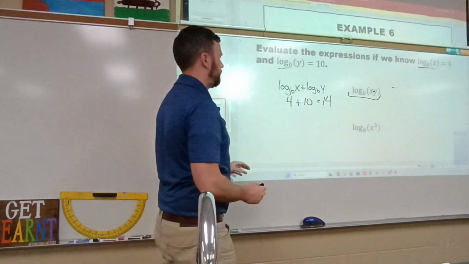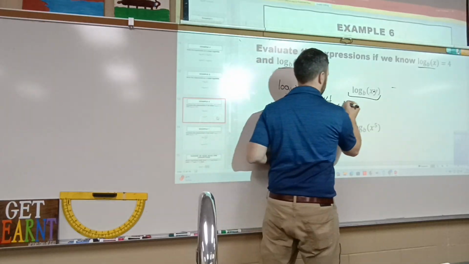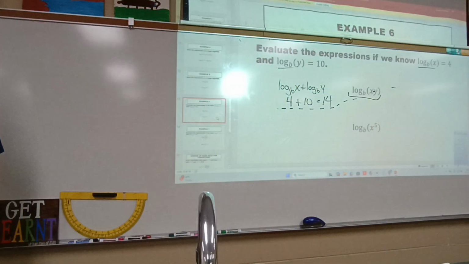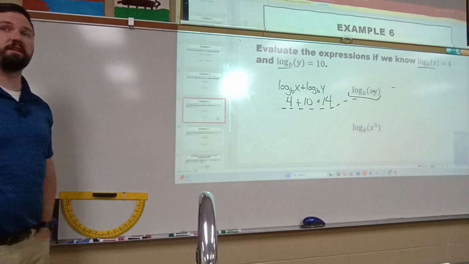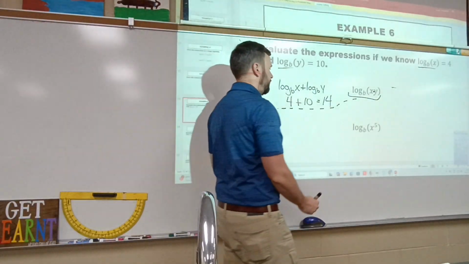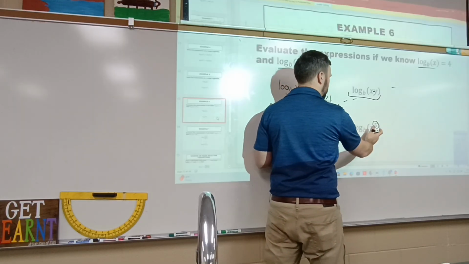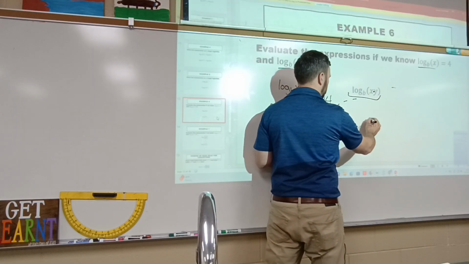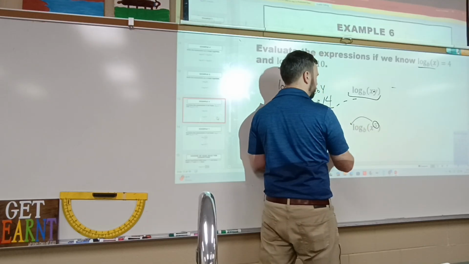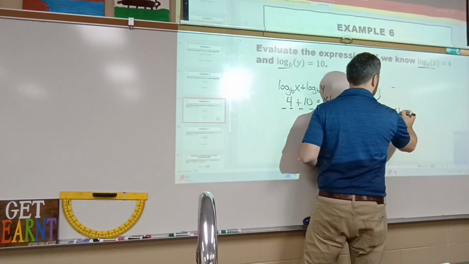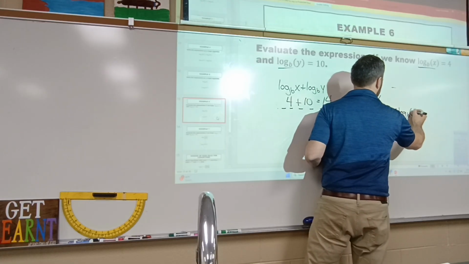Same thing is true with that one. We need to get it to look like log base b of x. We know what that is. We don't know what the 5th is. What can I do with this 5? If it's a power, I can slide it to the front. So this is the same thing as 5 log base b of x, right?